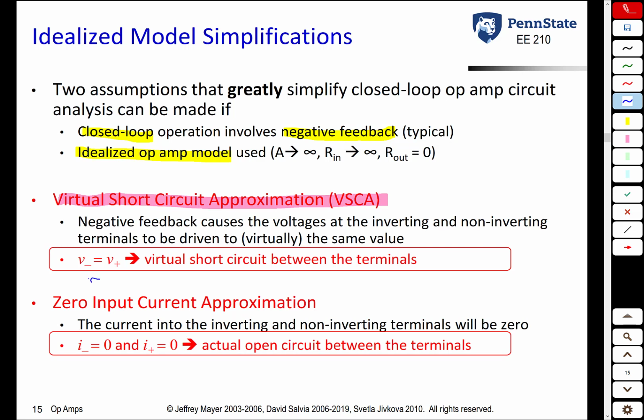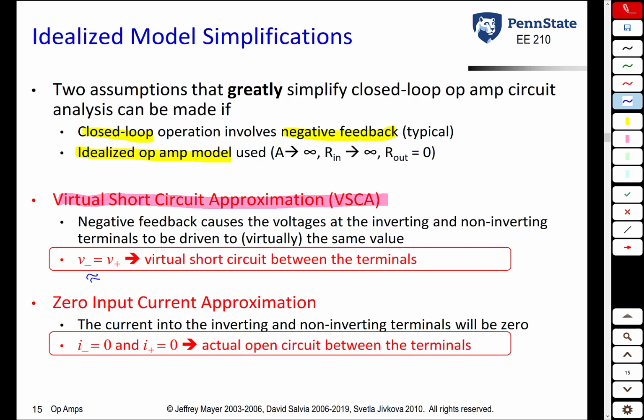So in the real world, they're approximately equal to each other. In this ideal case, we're going to say they're equal to each other. We're saying there's a virtual short circuit between the terminals. We're not saying that the inverting and the non-inverting terminals are connected. What we are saying is whatever voltage we're going to get at the non-inverting terminal, the voltage at the inverting terminal will be virtually the same thing.